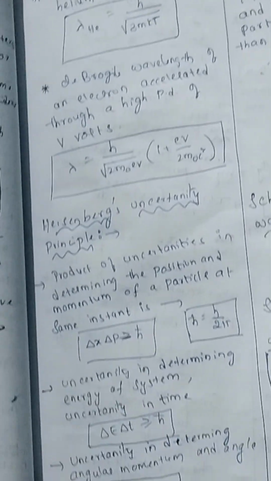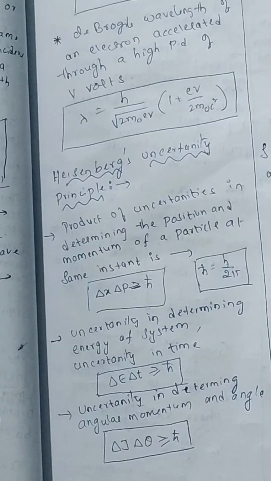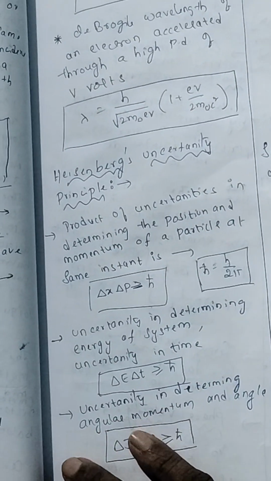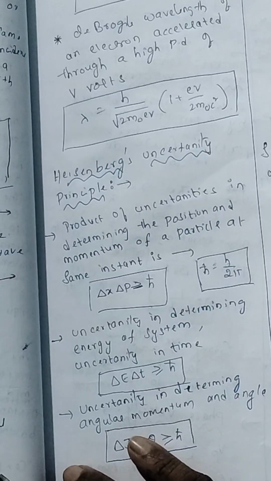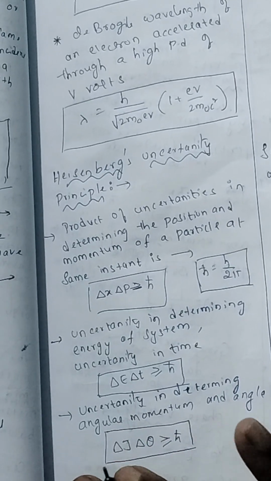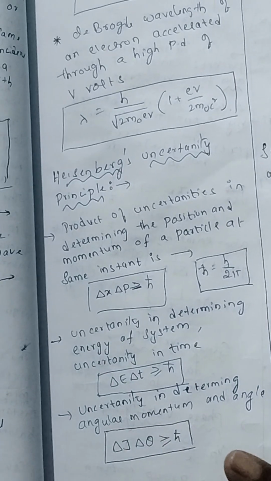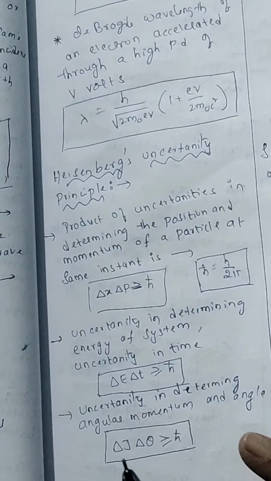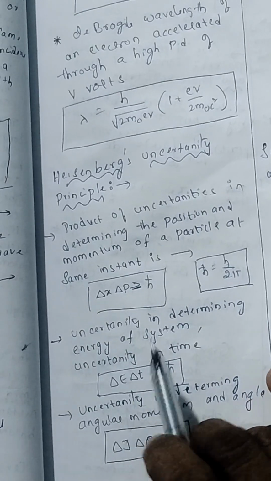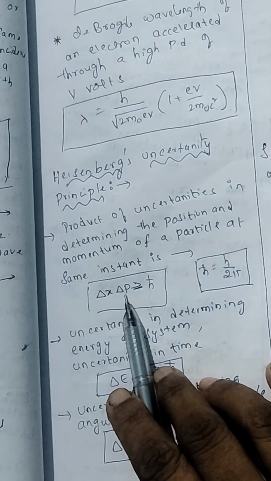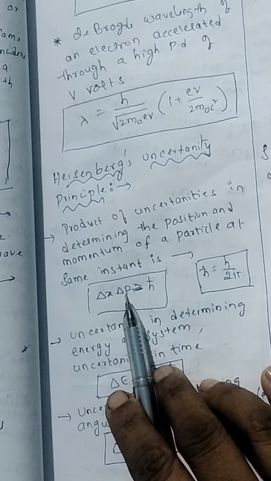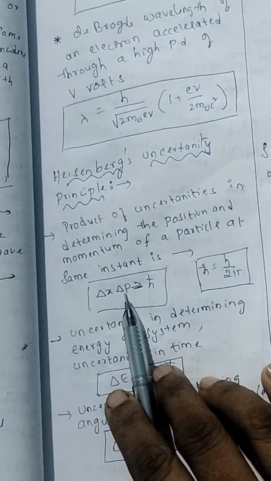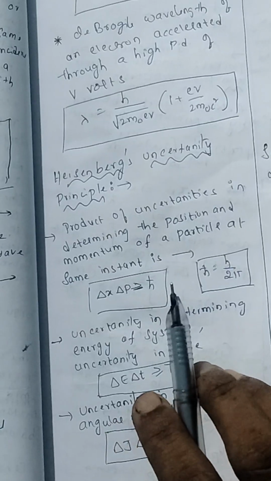Right? Now next, let us talk about the Heisenberg uncertainty principle. The uncertainty principle says that it is impossible to determine position as well as momentum simultaneously at one particular space.